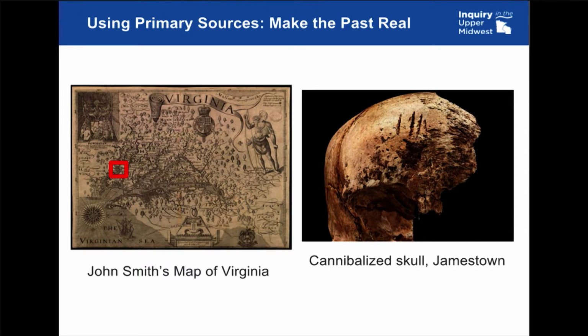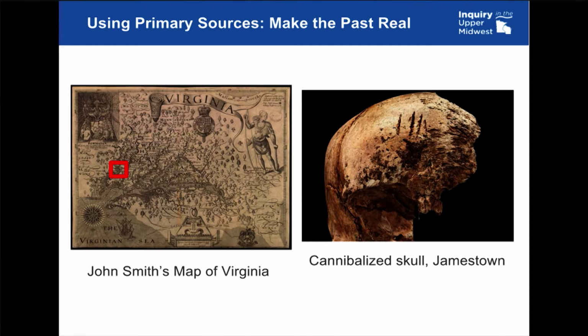If you can see at the very top of the skull, there are four straight lines. So this was the first actual proof that there was, in fact, cannibalism happening at Jamestown around the same time that John Smith drew this beautiful map of Virginia.